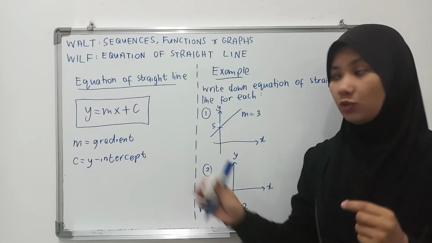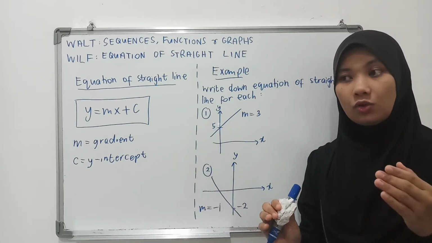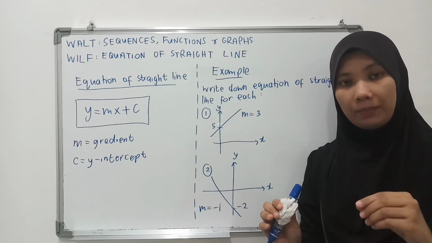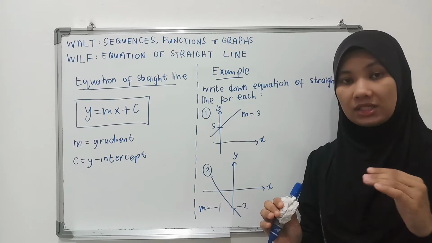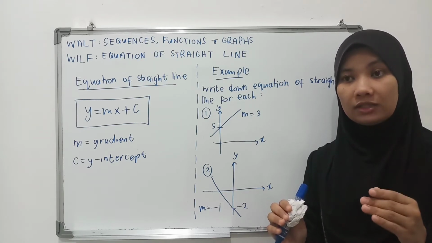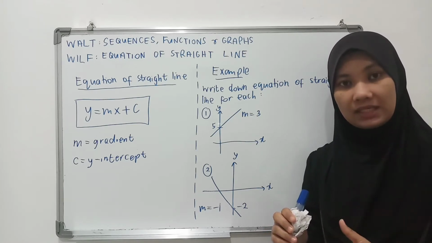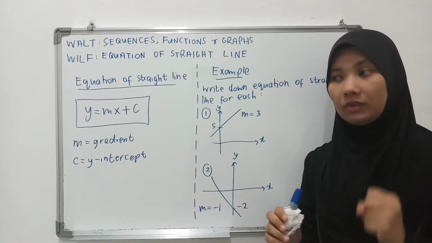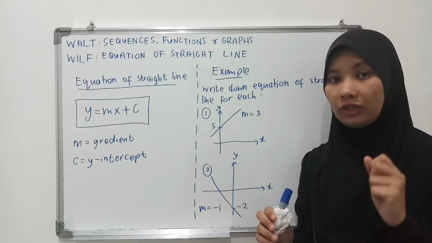You need to make sure everything here on the board is inside your book. So pause the video and then copy. And for exercise 2, you need to do it inside your book. If you don't have the exercise book, you can simply do it on a piece of paper. Later when the school opens, just paste it inside. Make sure you cannot just simply watch the video. You need to do the work.